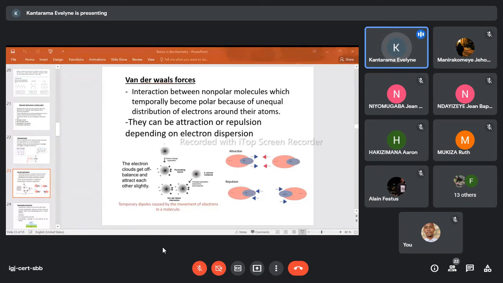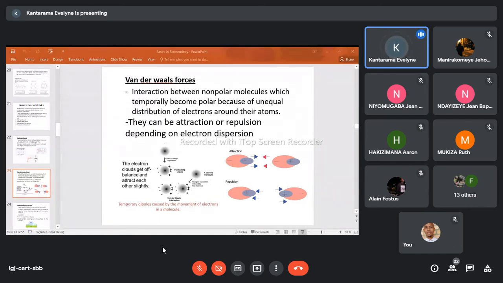Sometimes an electron may be on one side of the molecule. If an electron is on one side, it means the other side will remain, let's say, positive. There is an imbalance. To be neutral, electrons should be distributed in such a way that every side has an equal amount of electrons.